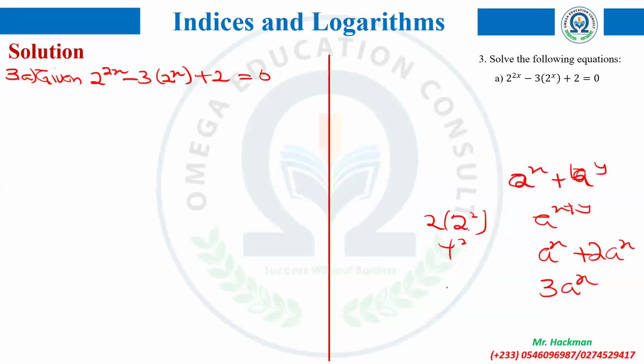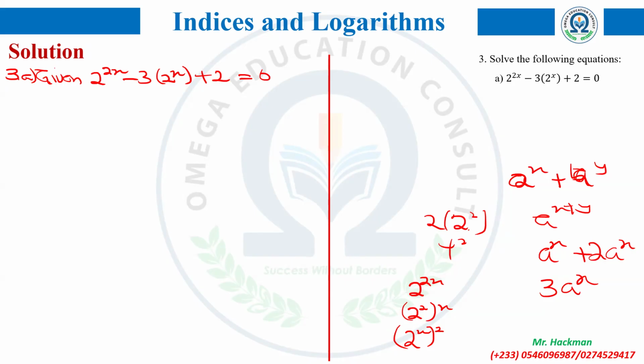So we know when we're breaking that one, we said there are 2 ways. We can write that one as 2 to the power 2x. One way of writing this is 2 squared all to the power x, you remember. And we said another way is to write it as 2 to the power x all squared. Is that clear? Do you remember? They mean the same thing.